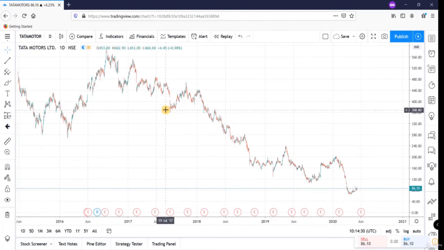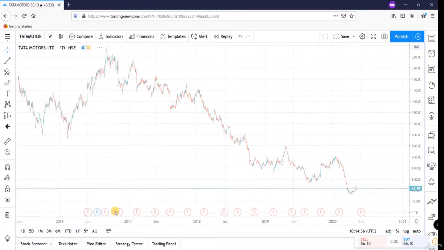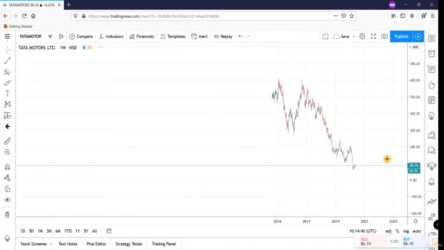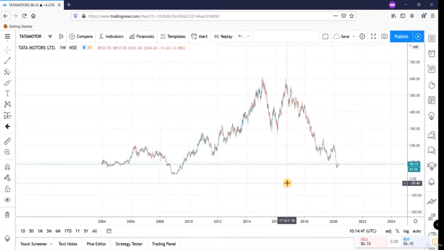But if we analyze the chart for long-term trading perspective, then we will choose the weekly time frame chart. And on weekly time frame chart, the current trend is downtrend. This was uptrend. From here to here, the trend was uptrend. This was the consolidation phase. Prices were trading in a sideways channel, sideways range.